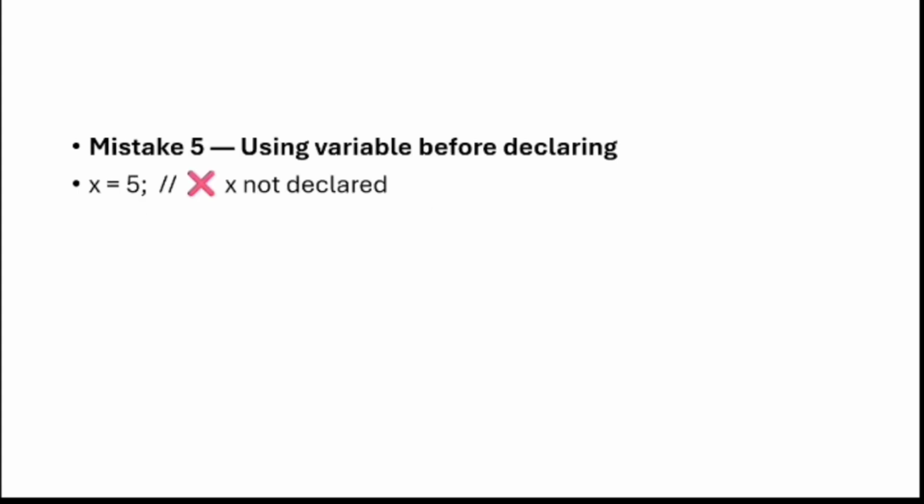Okay, next, using a variable before declaring. Here the mistake people can commit is, you have not declared the variable but you have assigned a value to that variable. For example, here you have given x is equal to 5, but you have not declared it. It is not Python, which automatically takes the data types. You need to mention which data type that variable should hold.